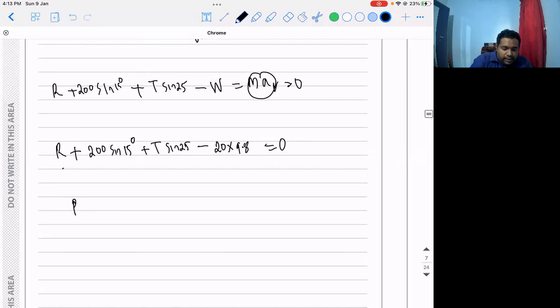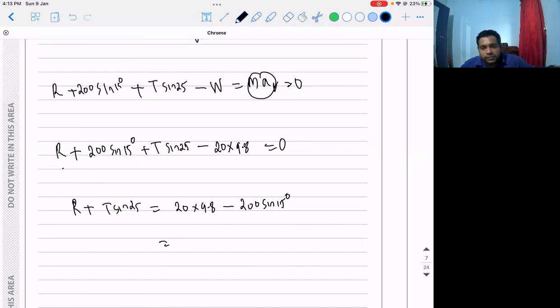So we can make an equation in terms of R and T. So R plus T sine 25 is equal to 20 multiplied by 9.8 minus 200 sine 15 degree. So please plug in these values: 20 multiplied by 9.8 minus 200 times sine 15.